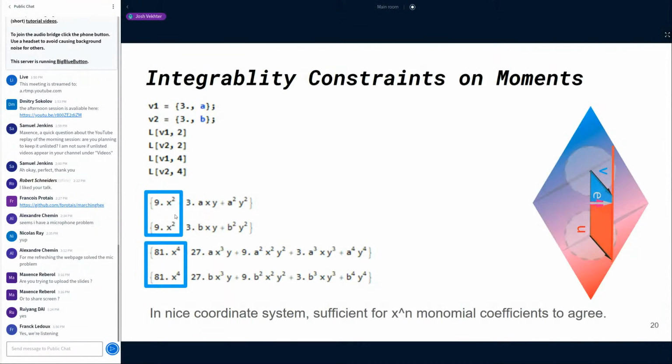So for every L that you have, you'll be able to write down one integrability constraint. Now if you want to do polyvectors, you can lift to the sum of L2 and L4, and impose a constraint on x squared and x to the fourth, and that'll give you two integrability constraints over the space of moments. So this will let you write down the GL2 integrability constraints.